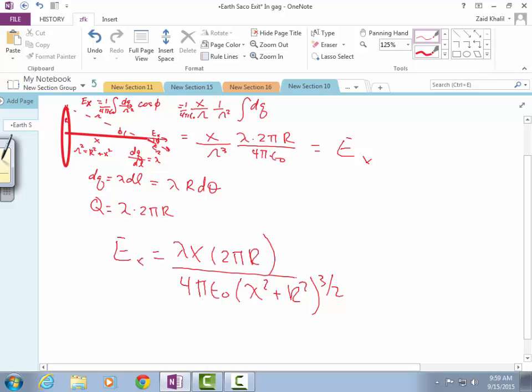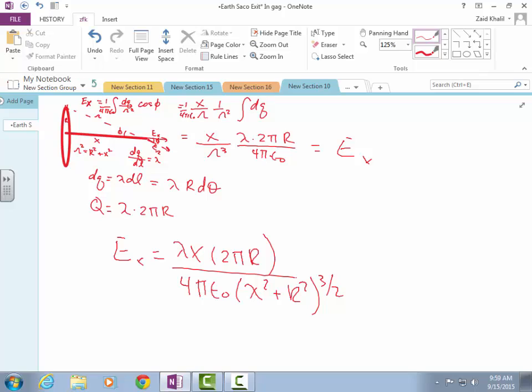So now, if we get really close in, you'll see there's a reason for this. If you get really close, what do you expect the electric field to be? 0. Why? Yeah, equal force on all sides.